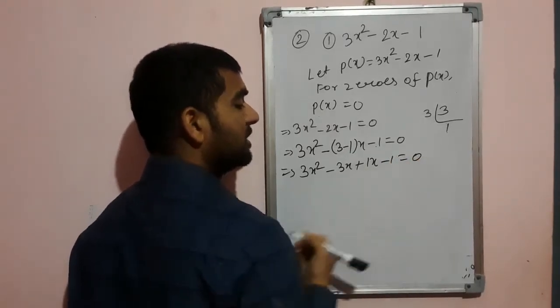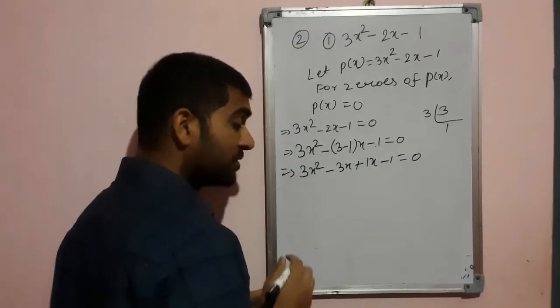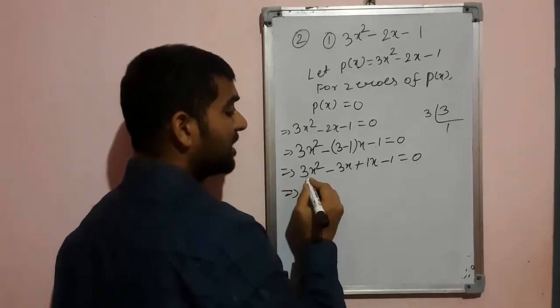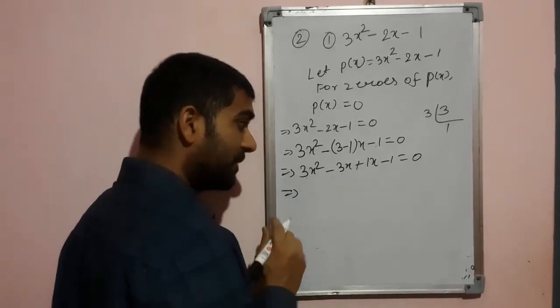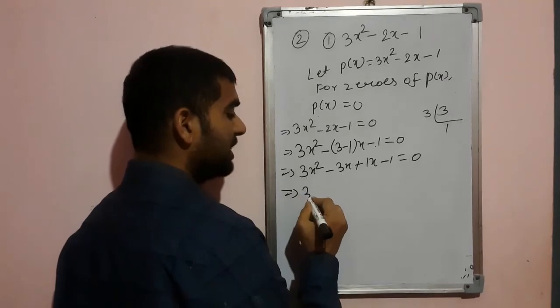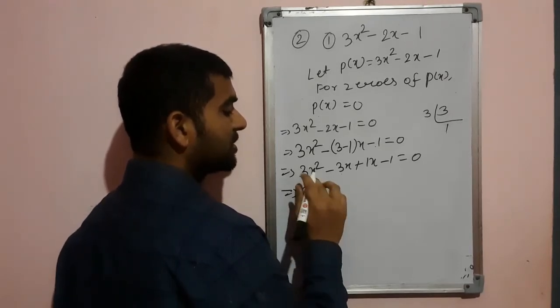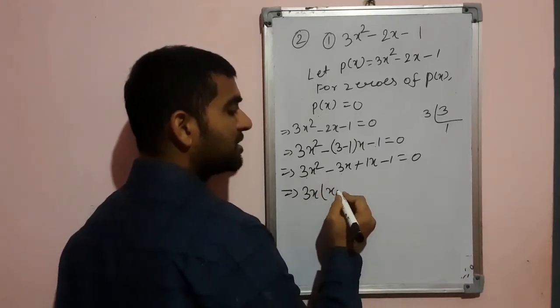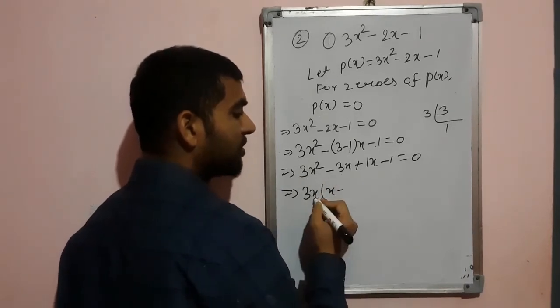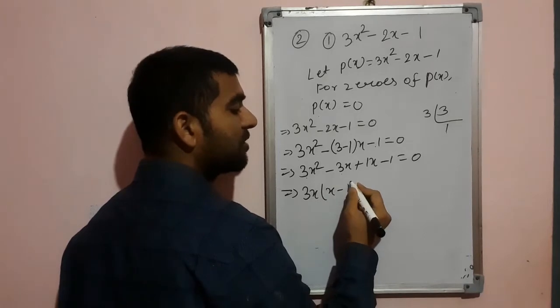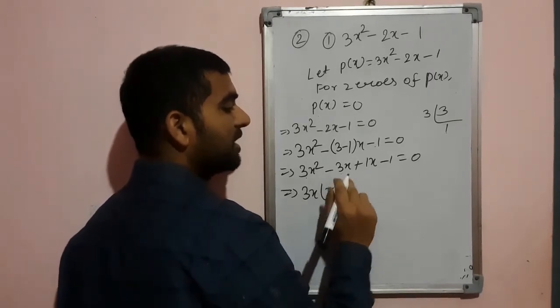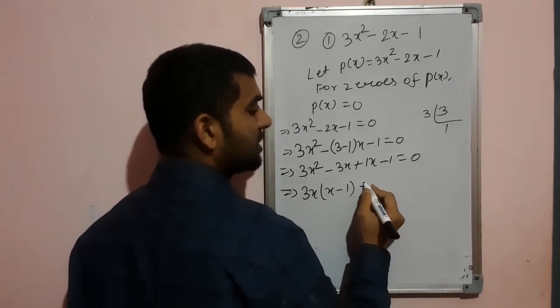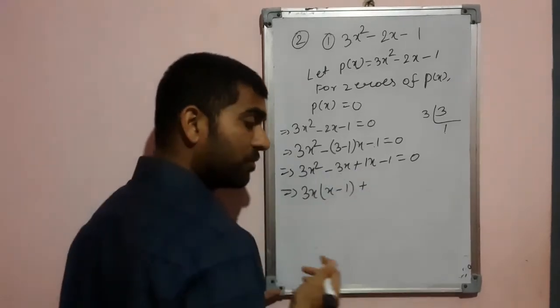Equal to 0. Take the common from the first two terms. How much common will be there? Here 3 and 3, and x, so we will take 3x common. What will be here? x, because 3x into x is 3x square, minus 1. Then 1 is left. Here also 1, so we will take 1 common.